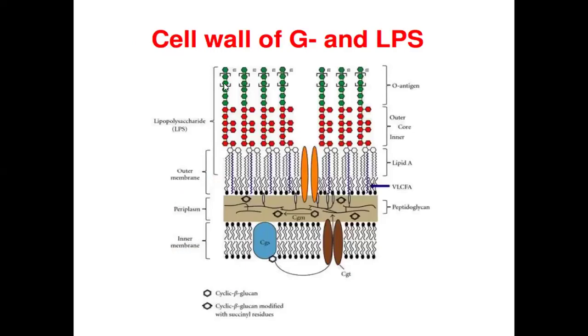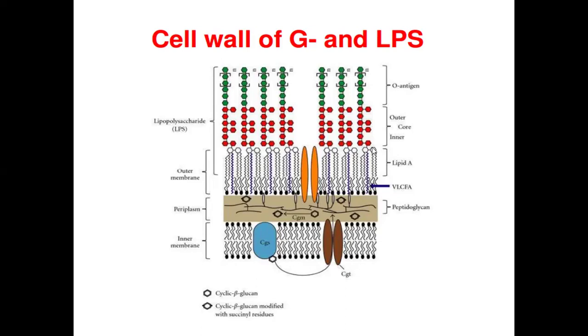Okay, look at this picture here. You can see the cell wall of gram-negative bacteria, and if you remember, gram-negative bacteria have a thin cell wall, and in their cell walls there is an outer membrane, and this outer membrane consists of lipopolysaccharide, and lipopolysaccharide has three parts.